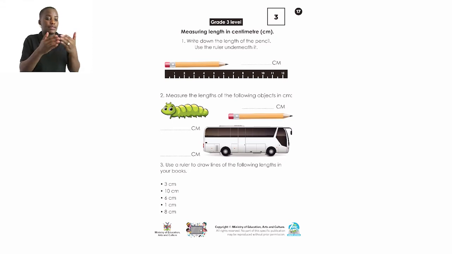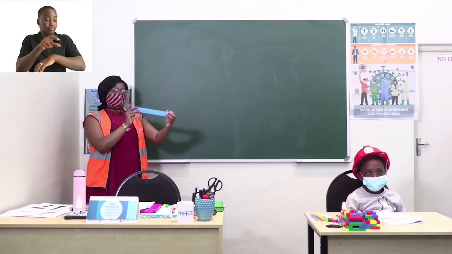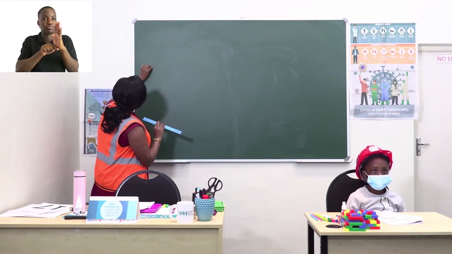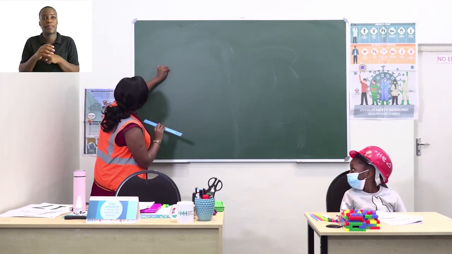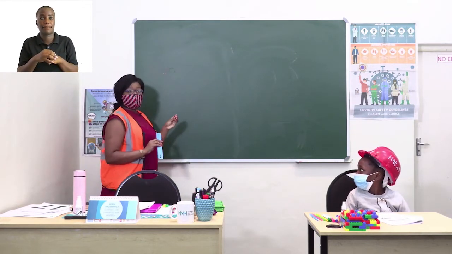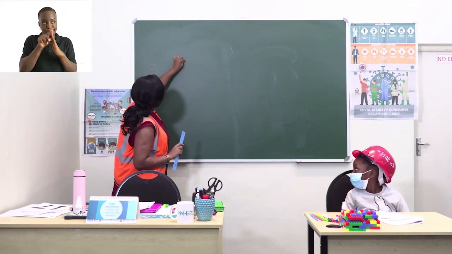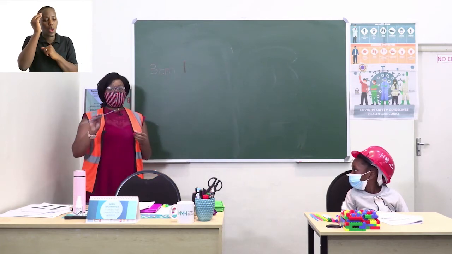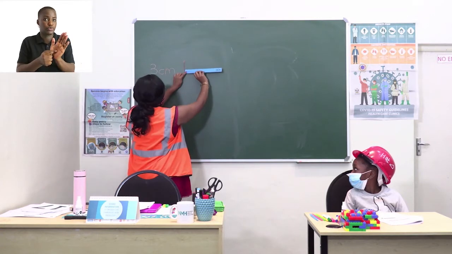Let us take a look at the board. I have my ruler here. So my starting line can be where it says 3 centimeters. I can put my starting line right here. Then I know that I can put my ruler at the beginning of that starting line, like so.